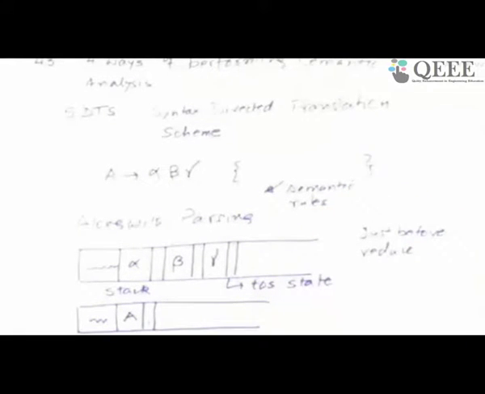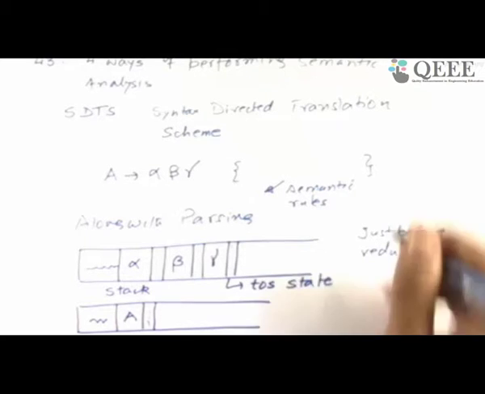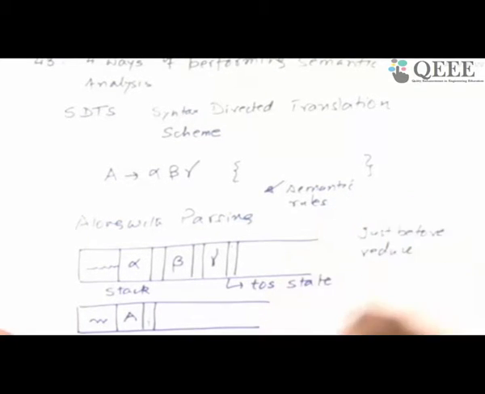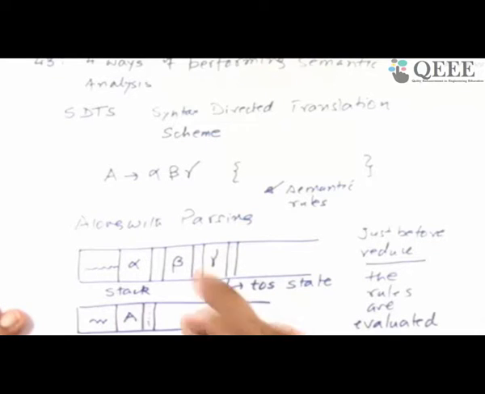So in a translation scheme, the speciality is that the actions for the rules are very concretely provided. So when are the semantic rules to be evaluated? Just before the reduce, the rules are evaluated. Before I move away from the context and go out to detailed examples of semantic analysis, I'll build up a little more on this so that you don't lose track.